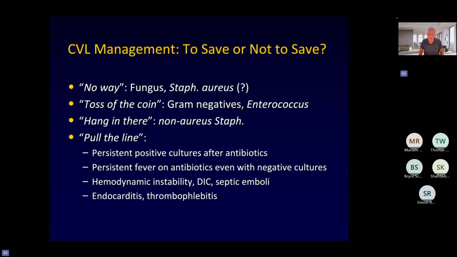Infection by enteral organisms such as gram-negatives and enterococcus, again, is going to be dependent upon how the patient responds to antibiotic therapy. And the so-called hang in there is when you have skin staph, non-aureus type staph.